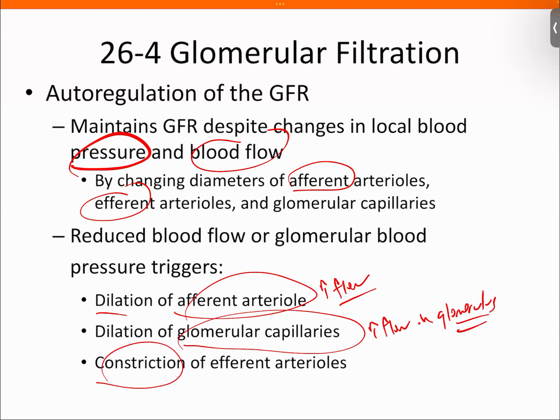And then you constrict the efferent arterioles, which limits outflow, so you're not losing your flow to the efferent system. It bottles the blood up in the glomerulus and increases flow and pressure so that you can get better filtration.